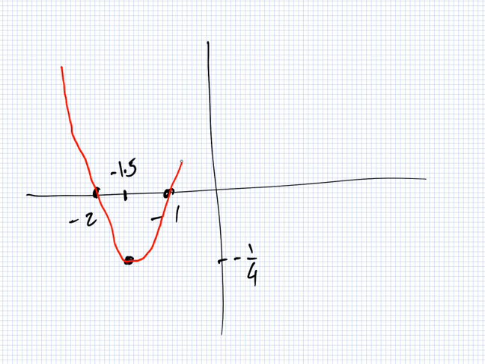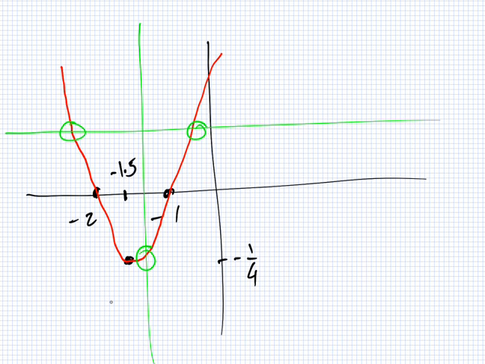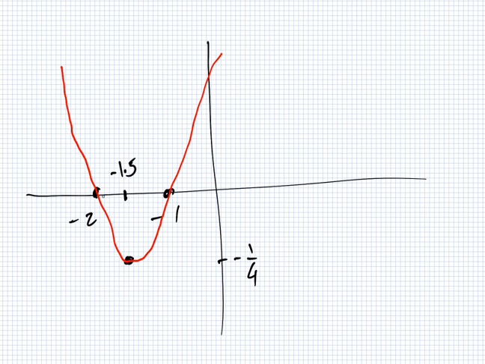We know it's definitely one-to-one. Is it onto? No, because you don't get all real numbers in the range. This takes a real number in the domain, and the codomain is all real numbers.